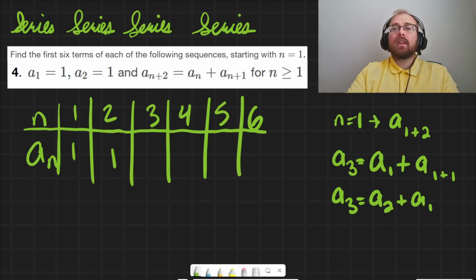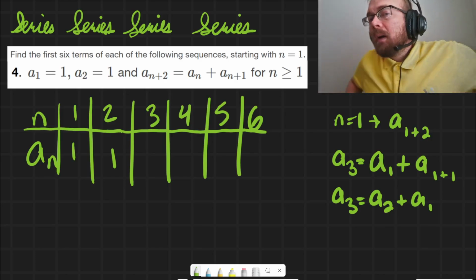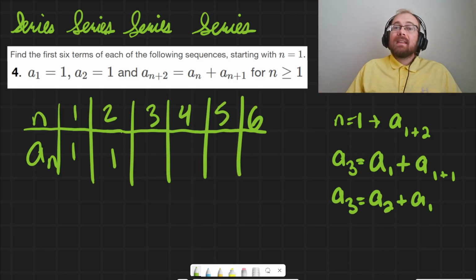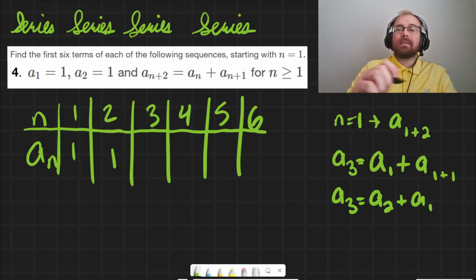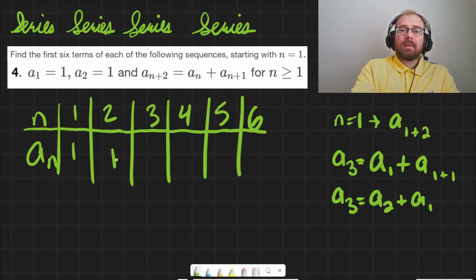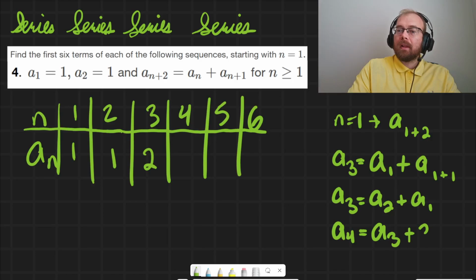So basically, another way to say this would be, if I want any term in this sequence, I need to add the 2 previous terms. So the third term is going to be 1 plus 1, which is 2. The fourth term is going to be the third term plus the second term.